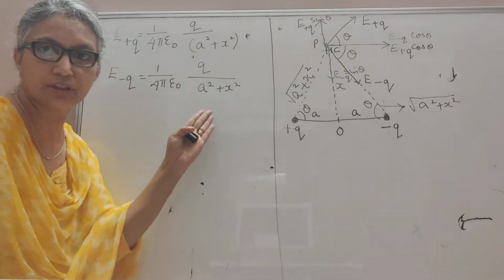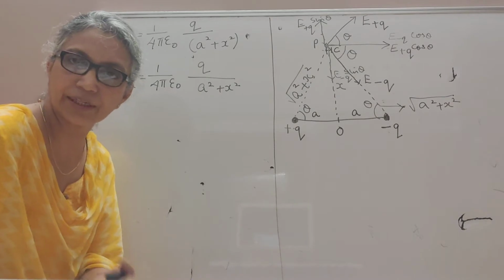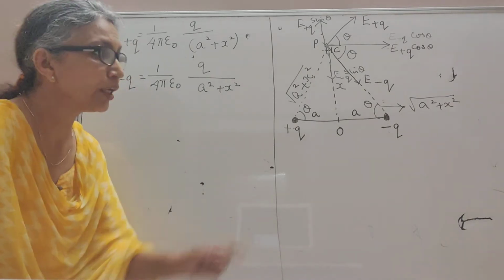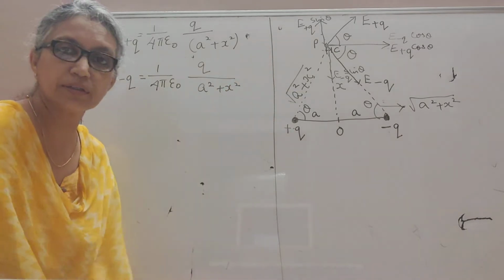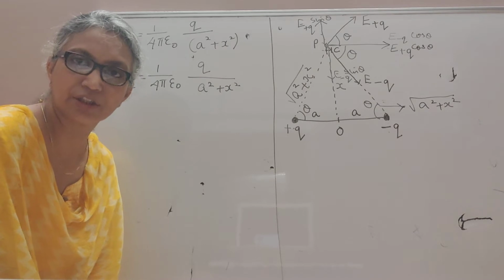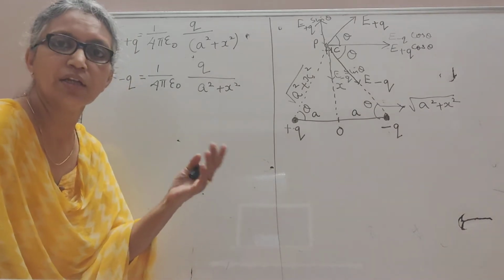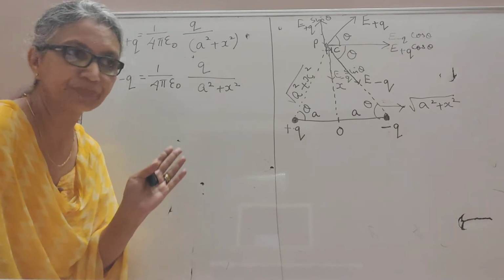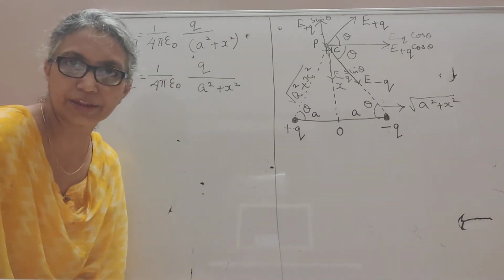We write down the magnitudes. If they are in the same straight line, you add them. If they are opposite in direction, you subtract them. If they form the sides of a parallelogram, you can use the parallelogram law of vector addition or resolving. So whether you add or subtract depends on the direction. Here we need only the magnitude.